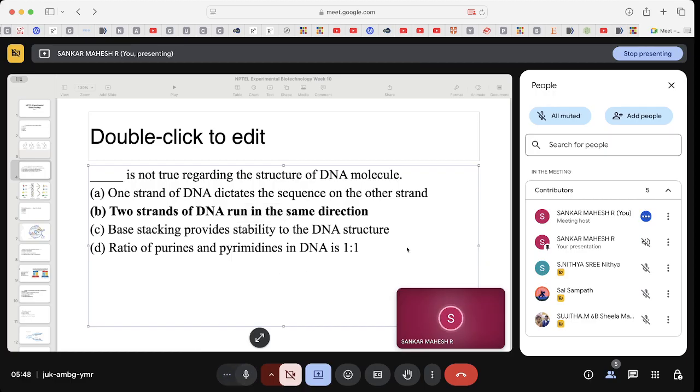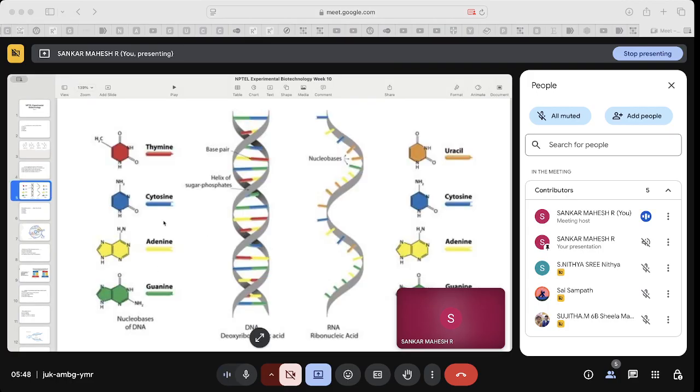Okay, do any of you know what base stacking is? No problem. So what you see here is a base pair, that is a purine and a pyrimidine that will hydrogen bond.